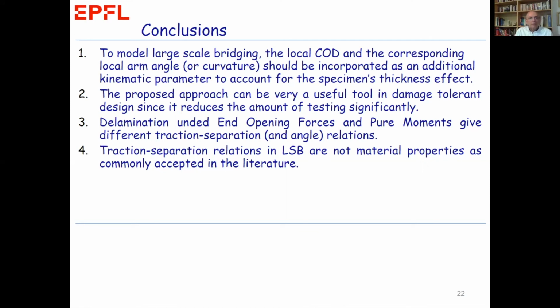Third, the delamination under end opening forces and pure moment give different traction separation and angle relations. So there is no one test that dominates the other, or there is an advantage of one over the other. Finally, the traction separation relations in LSB, large-scale bridging, are not material properties as commonly accepted in the literature.